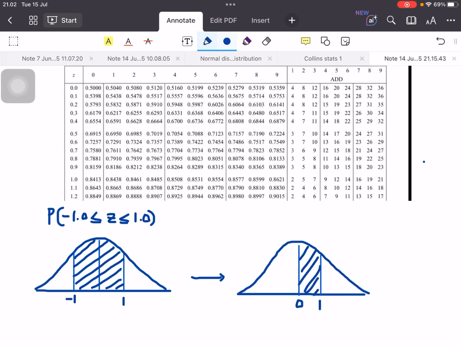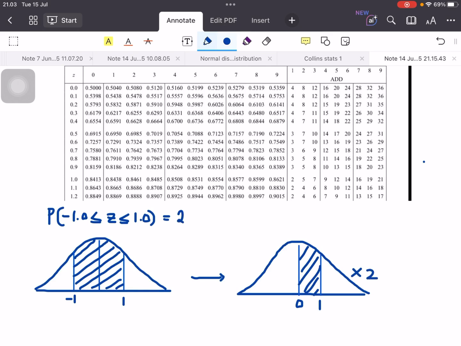It is easy to understand since this is 1, this is negative 1, and because the curve is symmetrical, the area from negative 1 until 0 and the area from 0 until 1 are the same. So this one is half of the total area.